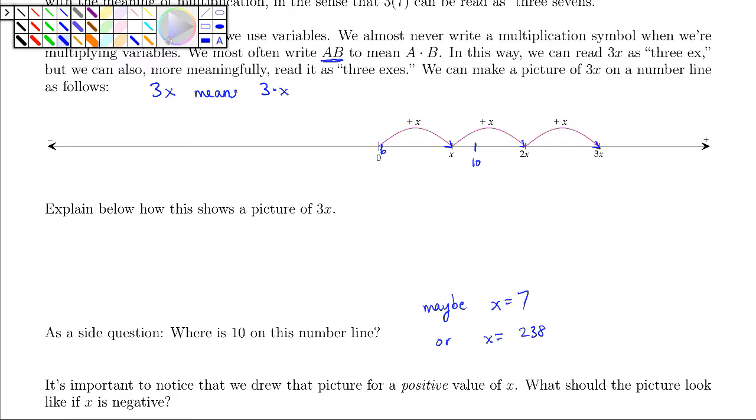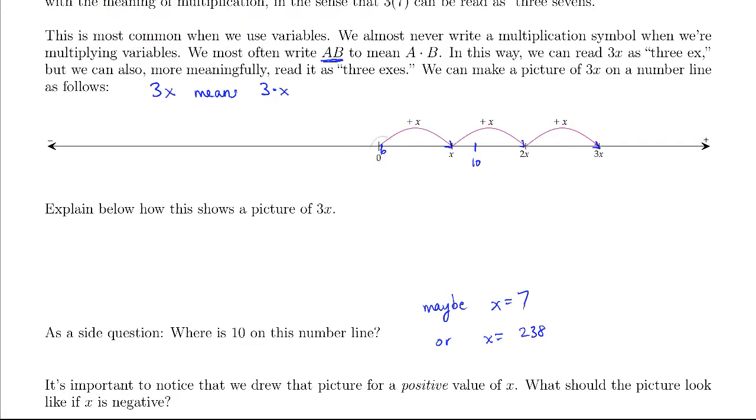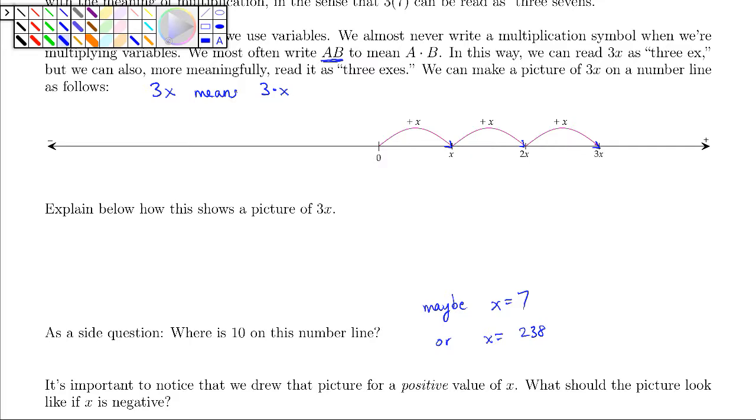So this number line isn't really a picture of a number line. This is kind of a fluid number line where we don't know the actual scale of the numbers, but we're using it to represent adding up multiple copies of some variable quantity x. Okay, let me erase those two things. All right.